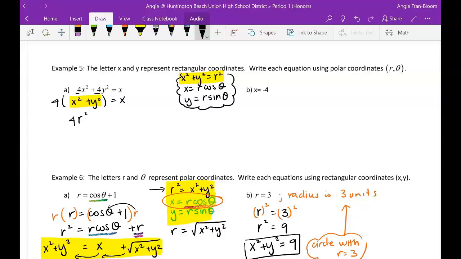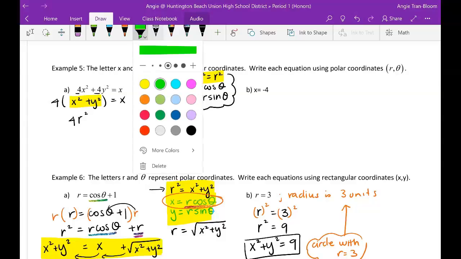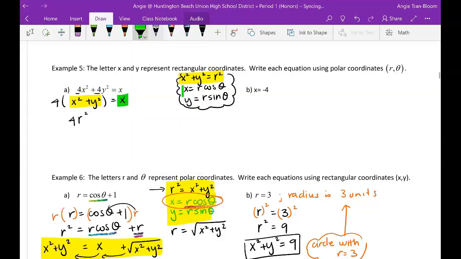Look, I don't have any more x's and y's on the left side. I still have 1 x on the right side. But x is always equivalent to r cosine of theta, so you can simply replace it like that.